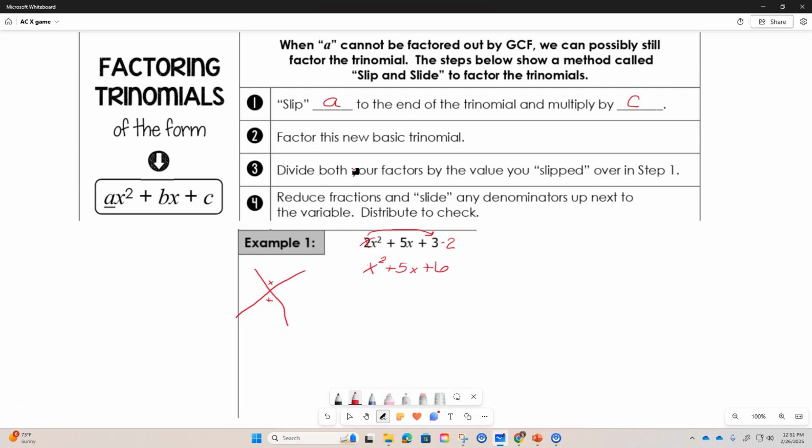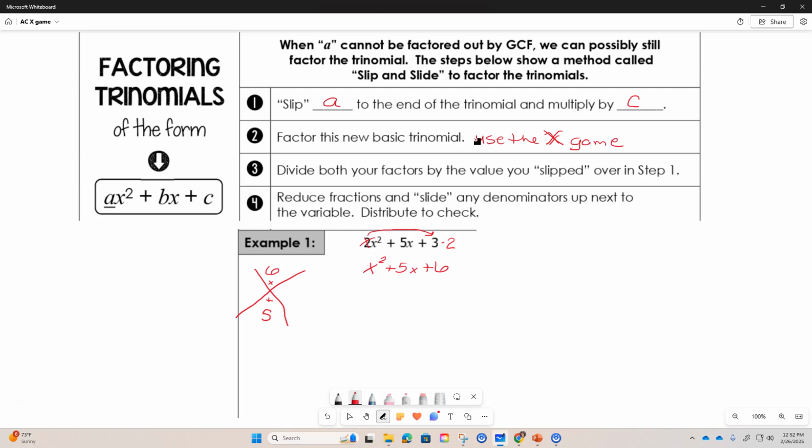That means we're going to look for two numbers that multiply together to give me 6, that add to give me 5. Okay? Now, this says factor this new basic trinomial, which is what we're doing. This is use the X game.